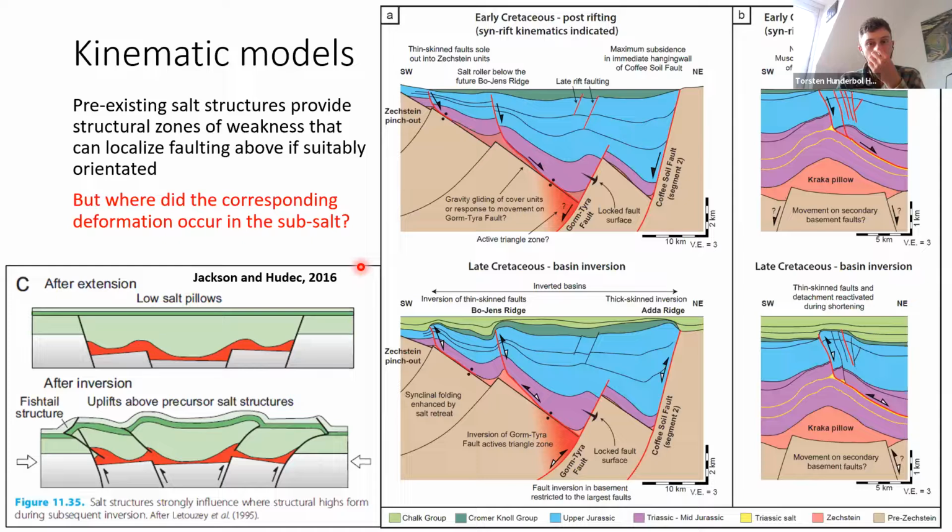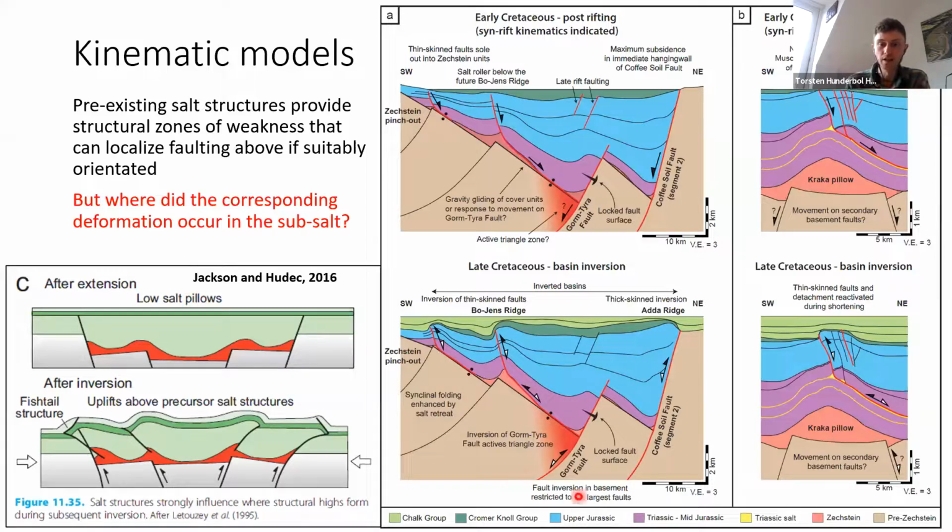But then there's the thing: where did the corresponding deformation occur below the salt, in the subsalt? At least for the case of these thin-skin structures, how do we balance the first extension and then shortening we see in these thin-skinned structures with movements in the basement?